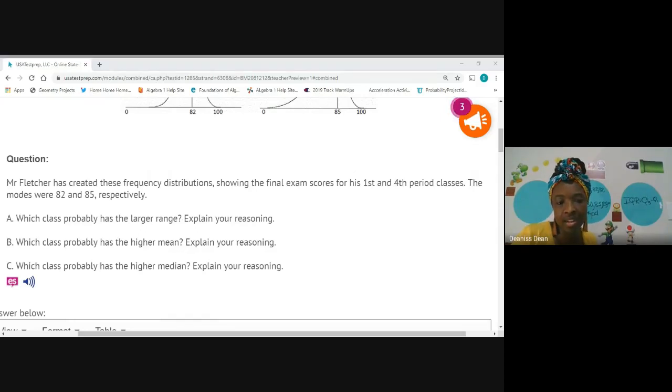Which class will have the higher median? What do you think it's going to be, first period or fourth period, just looking at the graphs? Sure, I'll show the graph again.